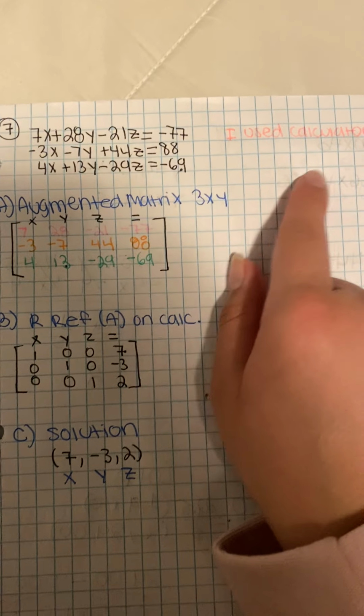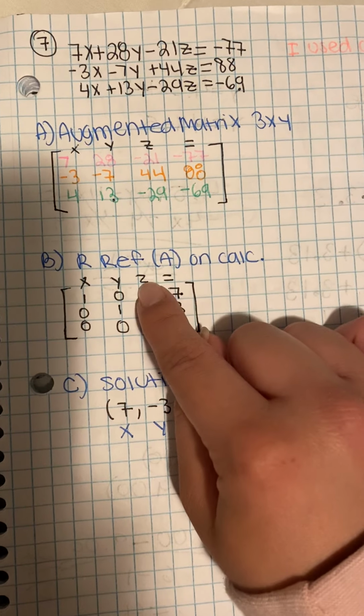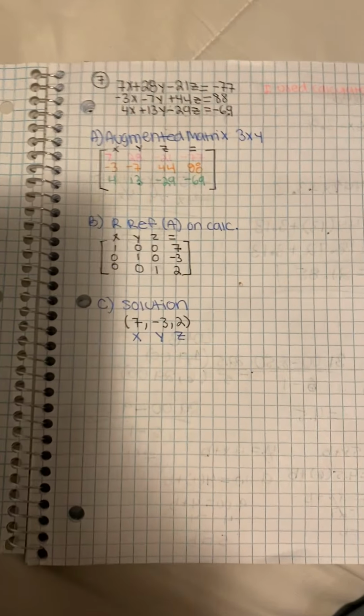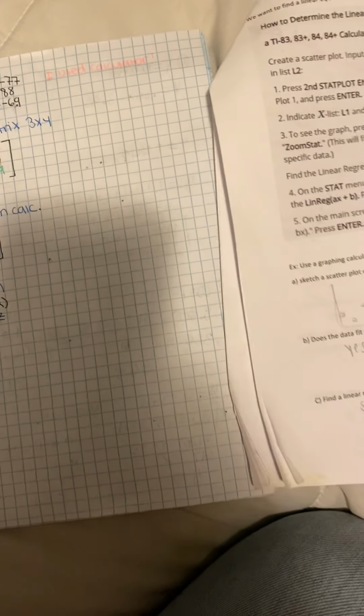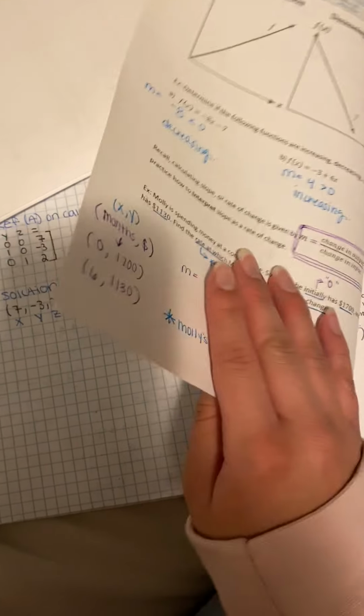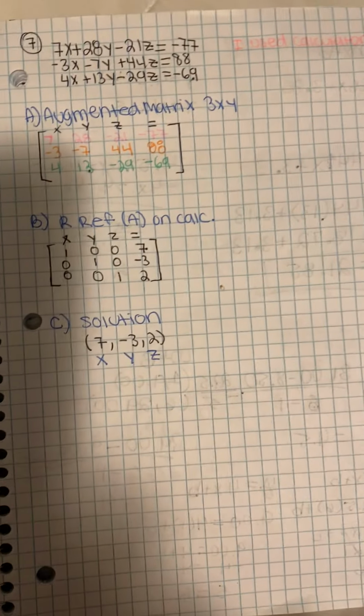Like I mentioned, I used the calculator for this one because I was told to. And the way that I was able to do the steps was through the notes that were provided for chapter 7.